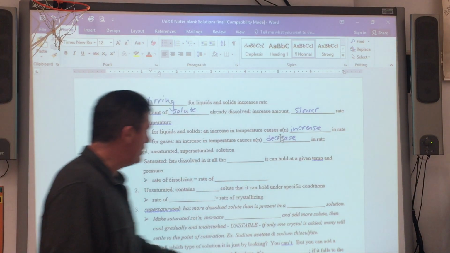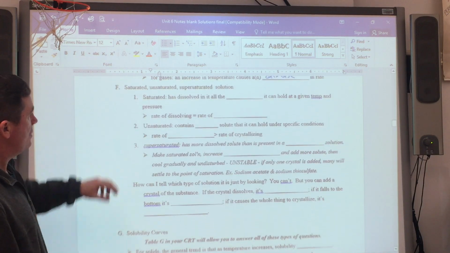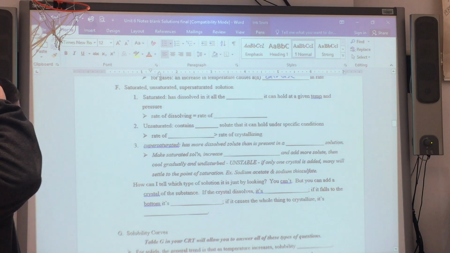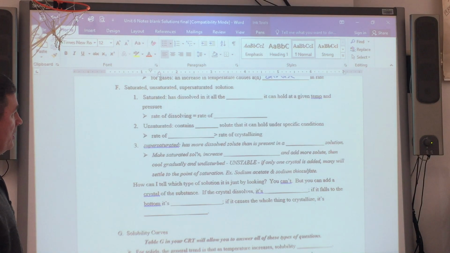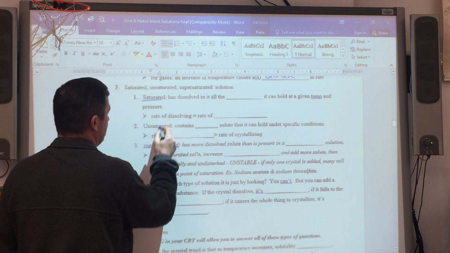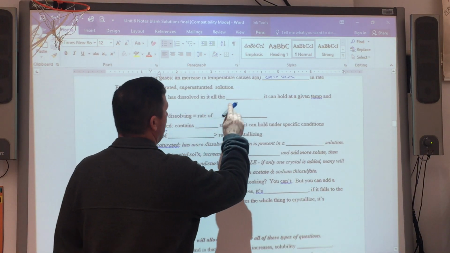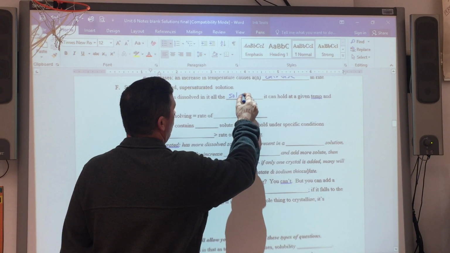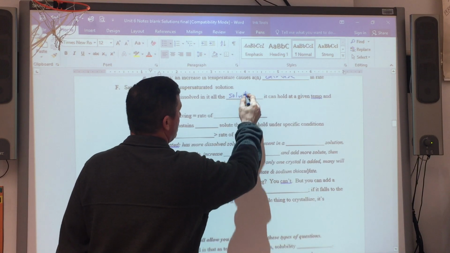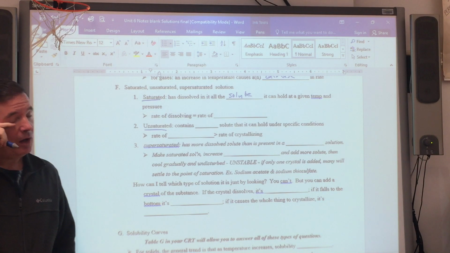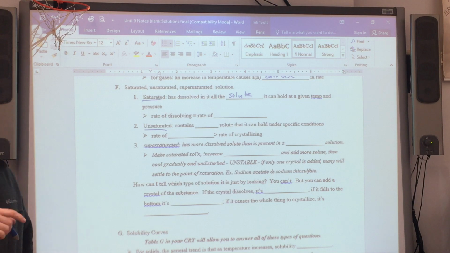The last little chunk for today is these solutions which are described as saturated, unsaturated, or supersaturated. And we do have to know the difference between them. A saturated solution has dissolved in it all the solute it can hold at a given temperature and pressure. I've got a chart that I can look up, and I will give it to you if it's not in your packet, but I think it is.